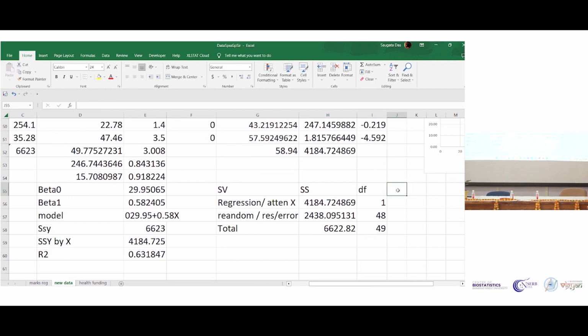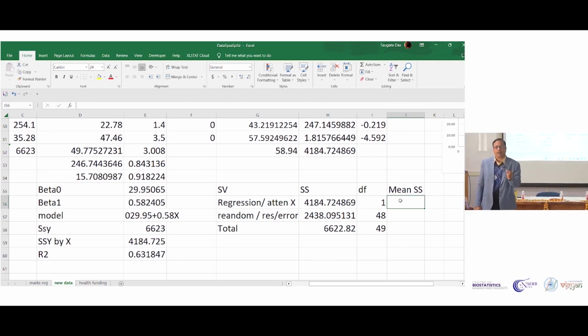Okay? Now mean SS. Mean SS means SS upon corresponding DF.